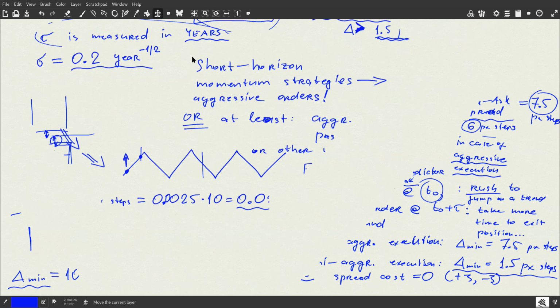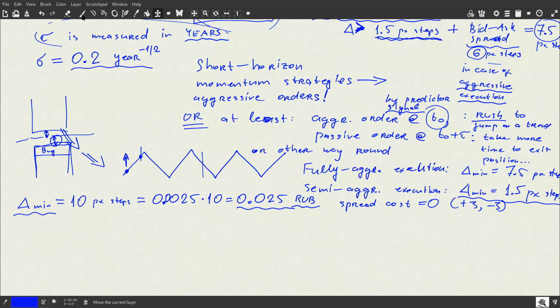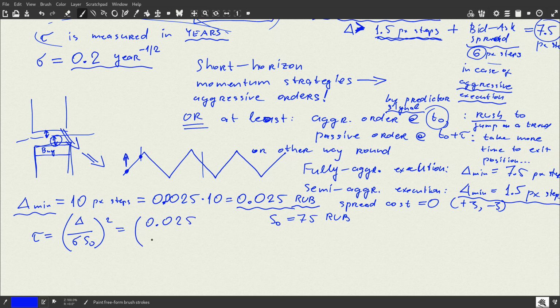So in this case, the characteristic time for which you need to do your prediction, tau, is delta divided by sigma divided by S0, let's say 75 ruble, squared, which is 0.025 divided by sigma, 0.2, divided by 75 squared.